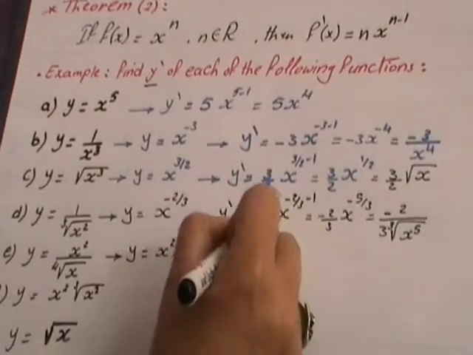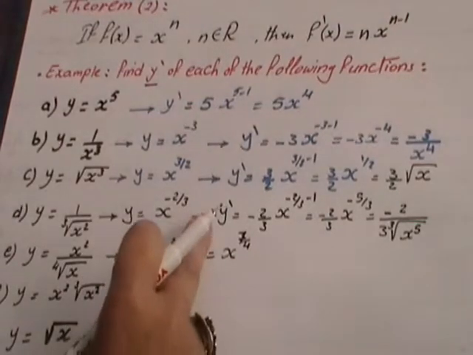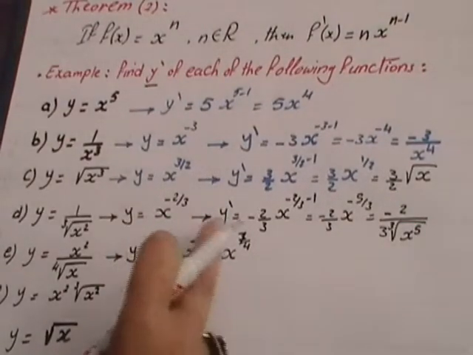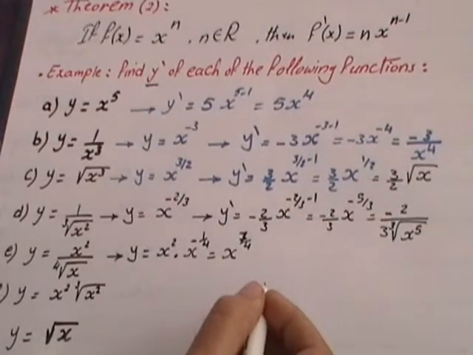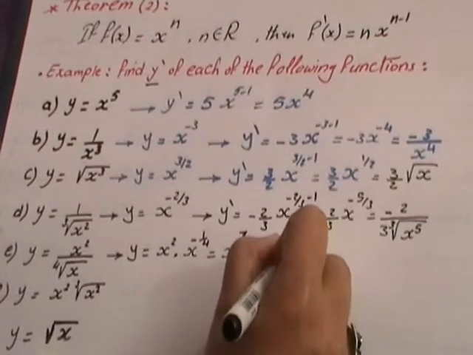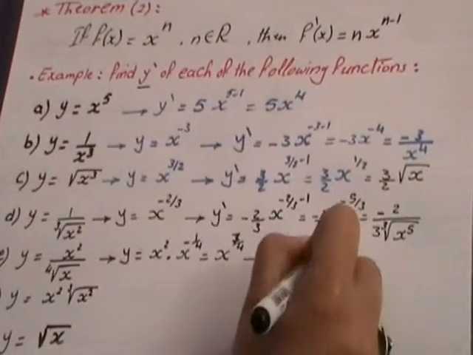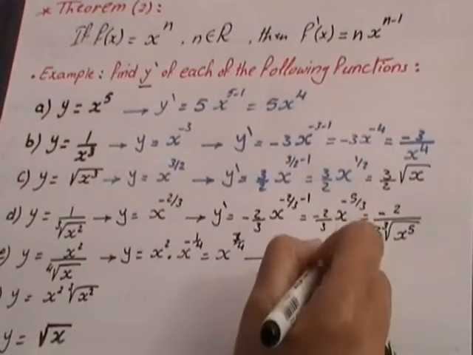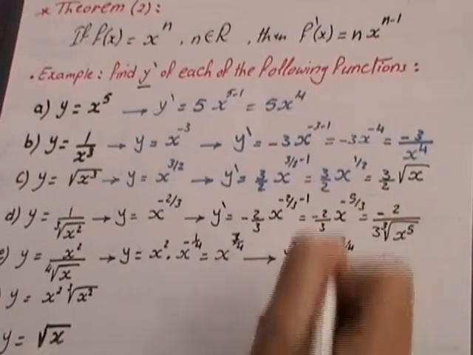We add 2 and negative 1 over 4, and the result will be 7 over 4. So the final result is y equals x power 7 over 4. Now we find the first derivative. Y dash will be equal to 7 over 4 x power 3 over 4.